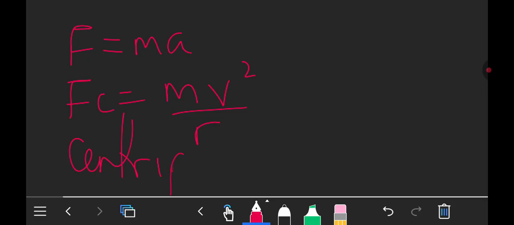It is very important for us to understand this. When you're dealing with forces under linear motion, we say force is equal to mass times acceleration, right? But centripetal force is simply equal to the mass multiplied by v squared over r, where r is the radius.